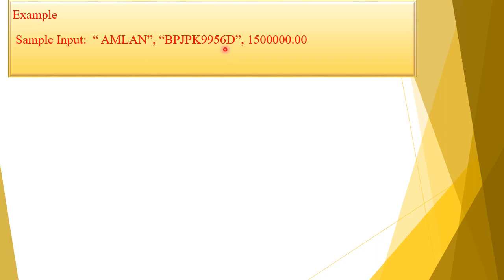This is the PAN number of the person Amlan, and the annual income of the person is 15 lakh rupees. The annual income of Amlan is 15 lakh. Now, based on the given conditions in the question, let us calculate what tax is to be paid by the person Amlan.